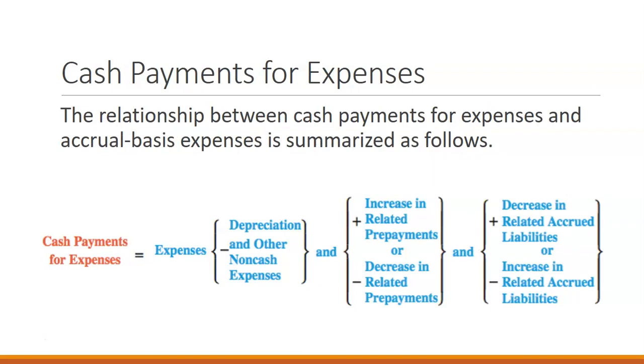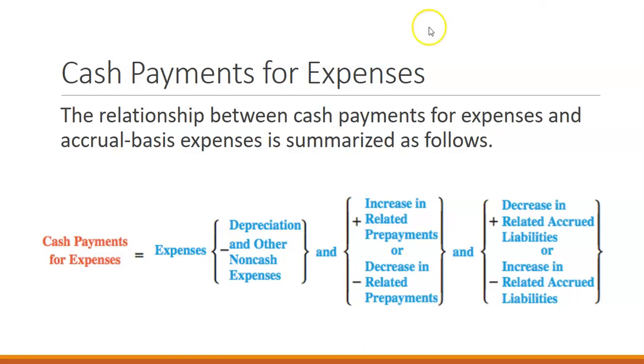Then we subtract depreciation and other non-cash expenses. We add or subtract any changes in our prepaid accounts, and then we add or subtract any changes in our accrued liability accounts. Remember, accrued liability accounts are where salaries payable would end up.